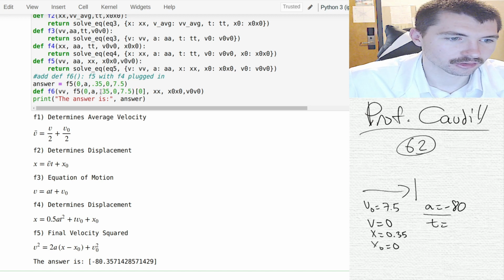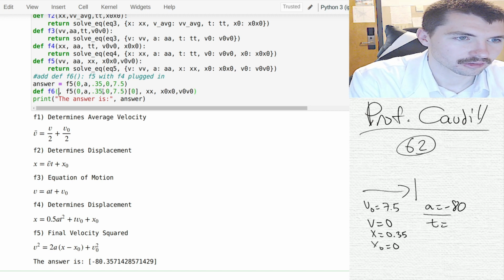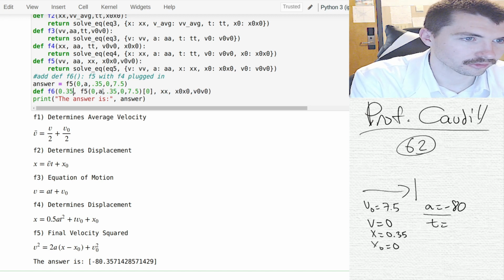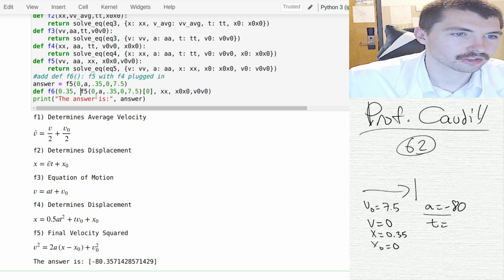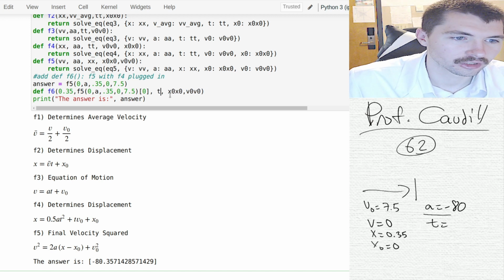So we know X is 0.35. Acceleration is this. T is T, that's what we're solving for.